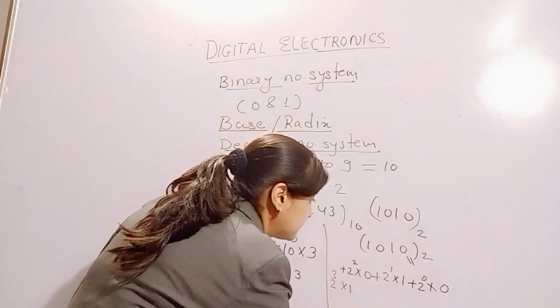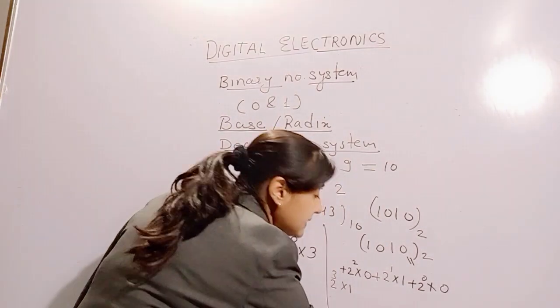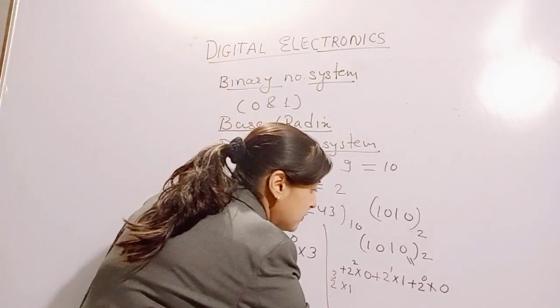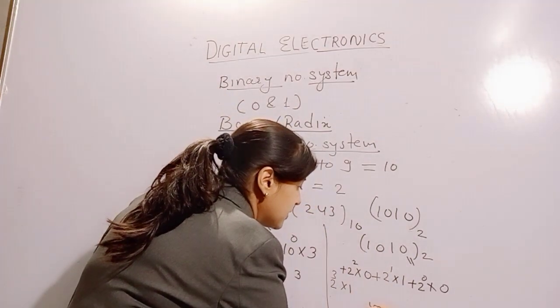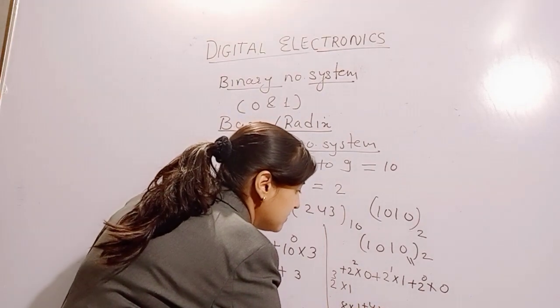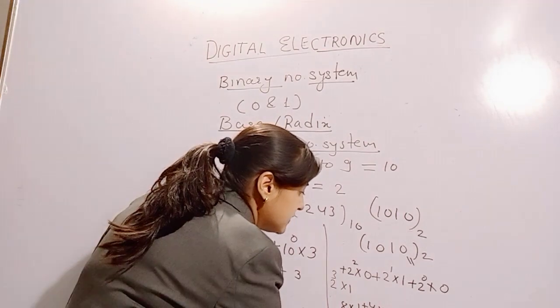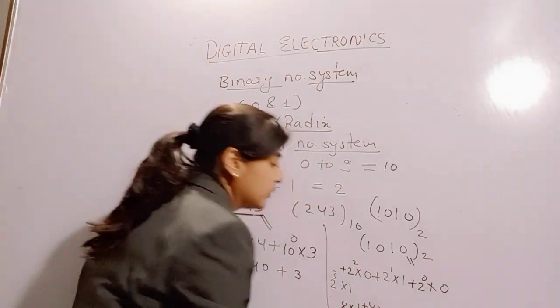If you see, 2 raised to 0 is 1, so 0 into 1, plus 1 into 2, plus 0 into 4, plus 1 into 8. So it will be 8 plus 4 into 0, that is 0, plus 2 plus 0.